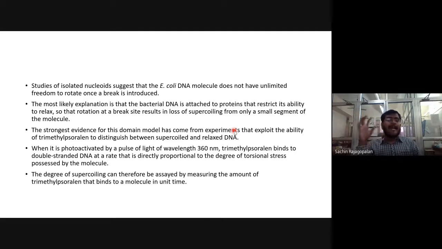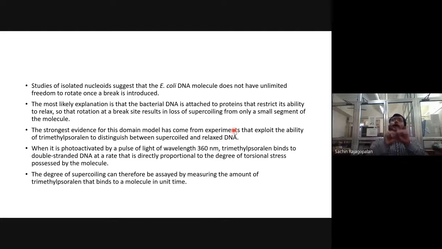So this can be tested using a particular chemical which is called trimethylpsoralen. Trimethylpsoralen is a chemical which is photoactivated by a wavelength of light. So when you expose it to 360 nanometers, which is UV light, you will see that trimethylpsoralen goes and binds to double-stranded DNA very effectively.